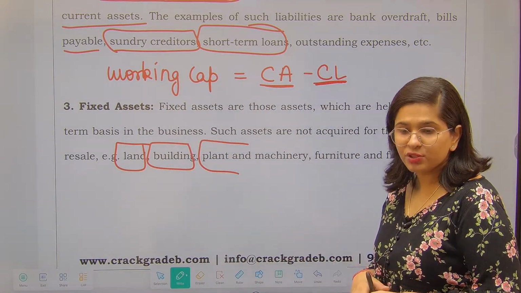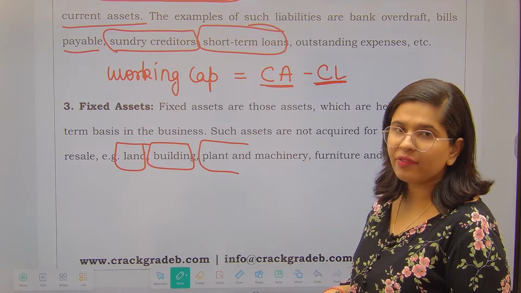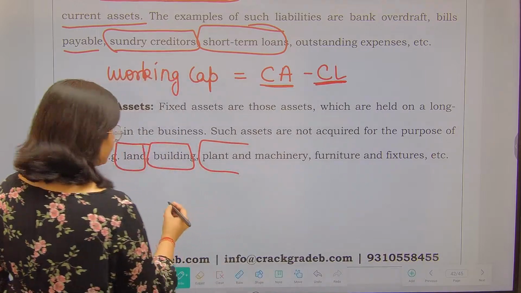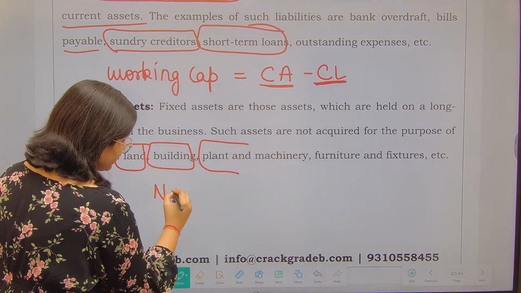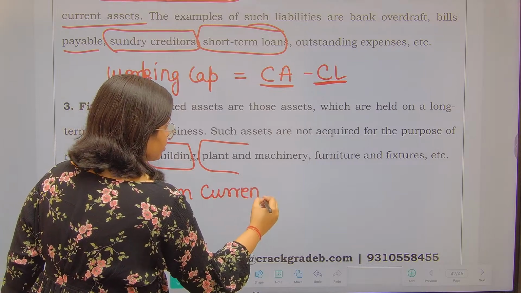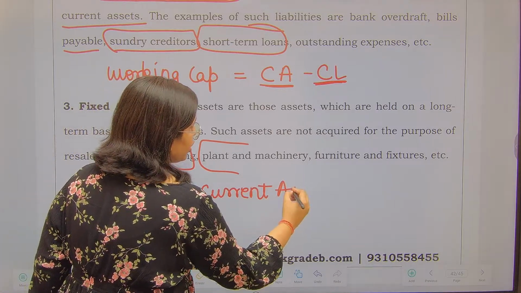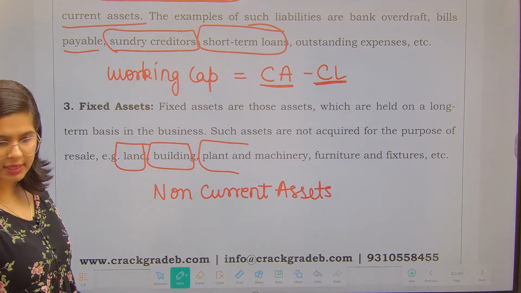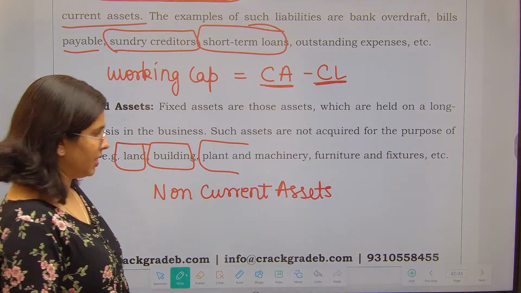So they are called fixed assets. In the new format which has been prescribed for the company, they are also called non-current assets. So this is the other name which you should remember as well.